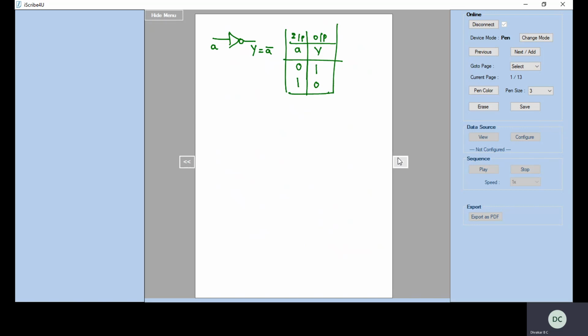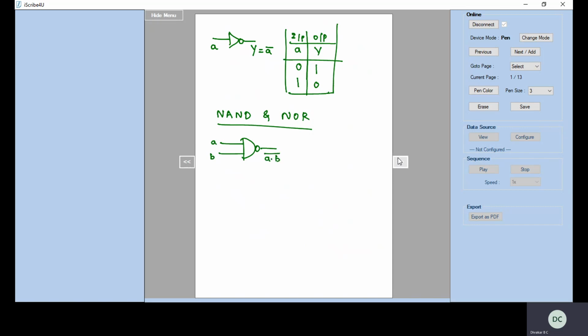And the other gates are the NAND and the NOR gate. The NAND and NOR gates are called the universal gates. So this is the logical symbol for the NAND gate. A and B are the inputs, and the logical expression is Y equals A dot B whole bar.